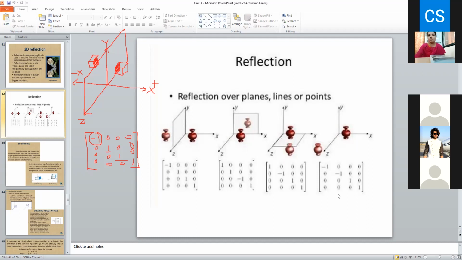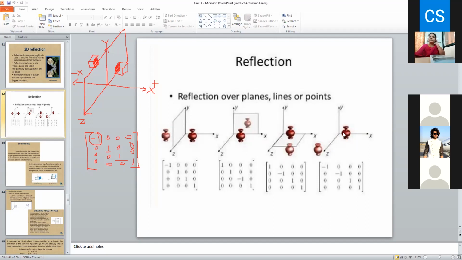Yes, ma'am. Right. And this reflection is a combined reflection, which is first reflected along YZ and then along XZ. Reflection along YZ and XZ means both change, that is all you need to show. It's okay. So that is the reflection over the planes.